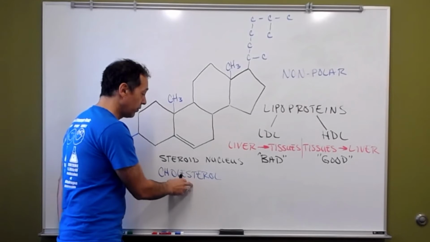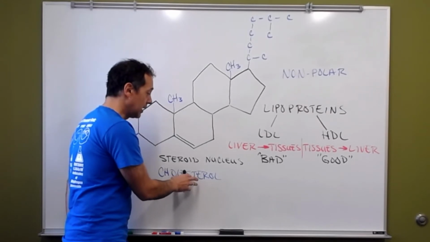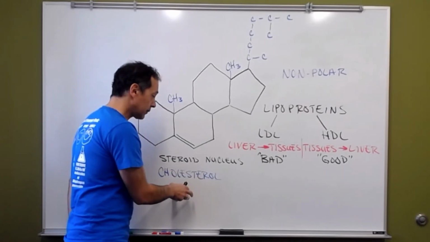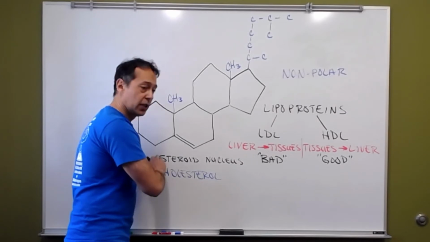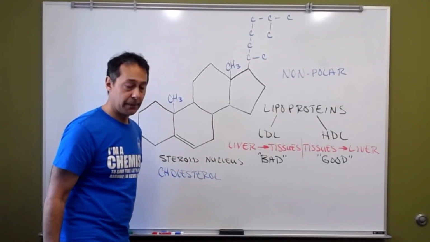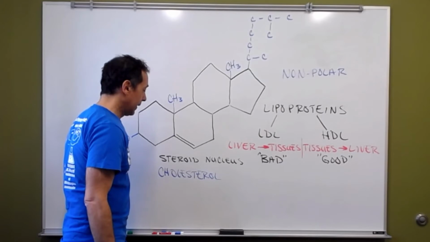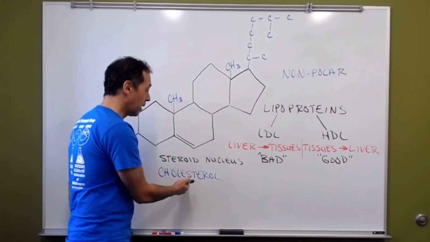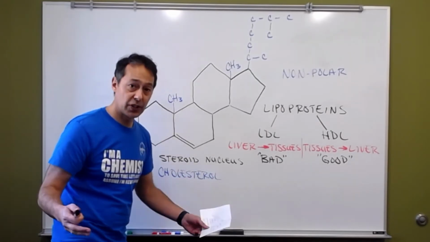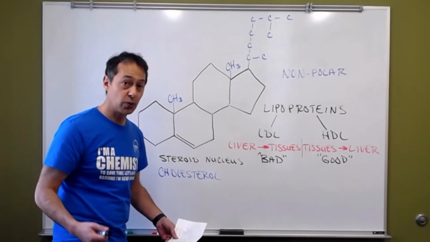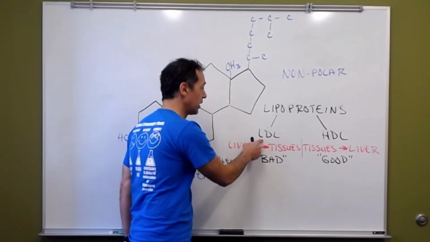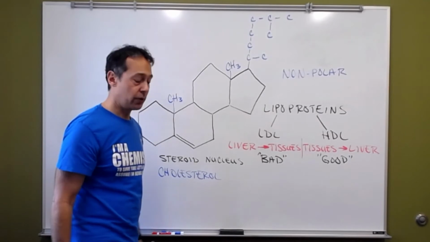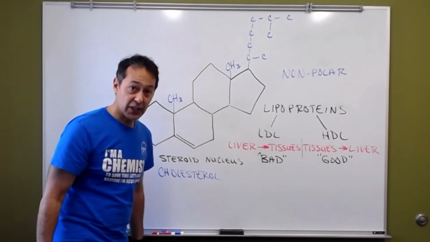And so if you were to go to a non-animal diet, then you would have virtually no cholesterol in your diet, all right? And what does your body do in response? Well, your body still needs cholesterol for its cell membranes, so it will produce its own cholesterol. So it'll start producing LDL to kick it out to the tissues. But there would be less.